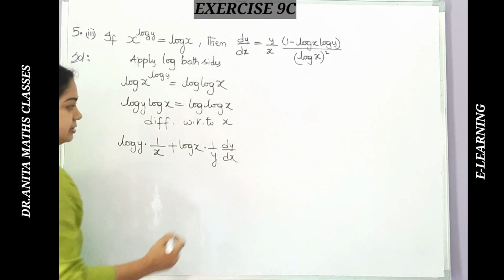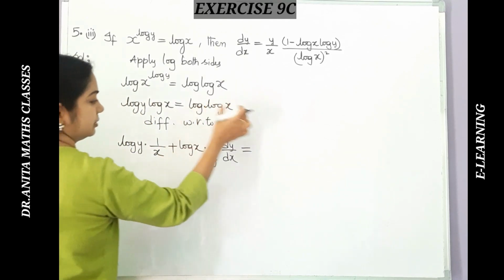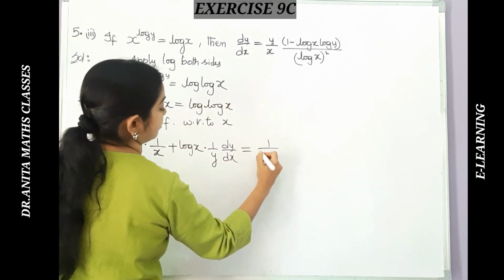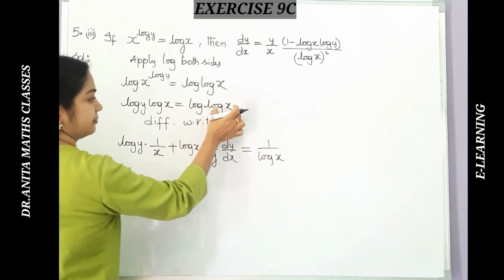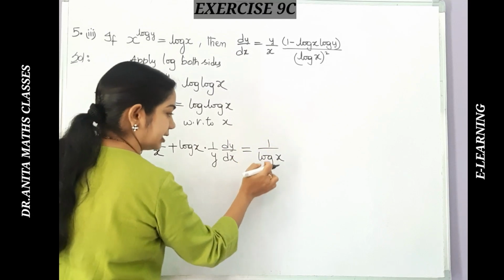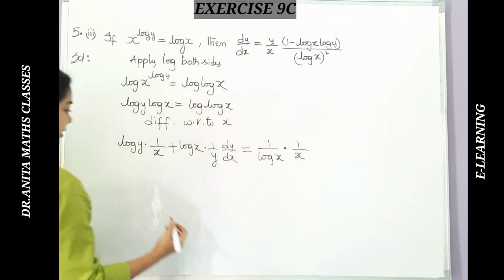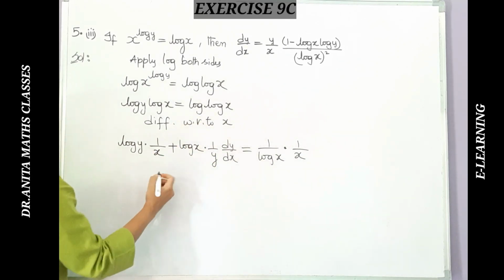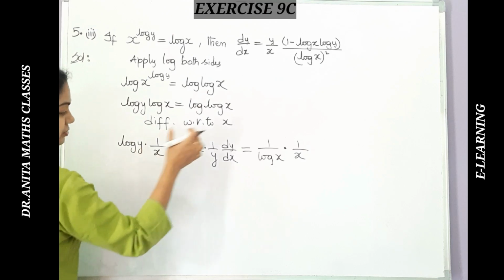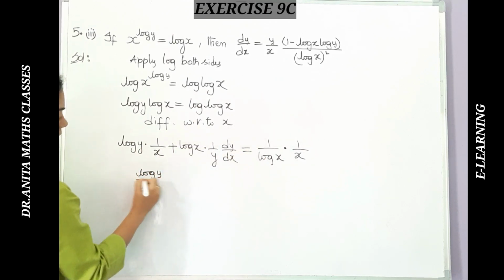We should differentiate it, is equal to; I've used the uv method, and here again this is 1 by log x. Okay, log of something, so 1 upon log x. Again we have to differentiate log x, that is 1 by x simply. So what we will do, we will bring this to this side. Shift this to the other side, that becomes log y upon x.